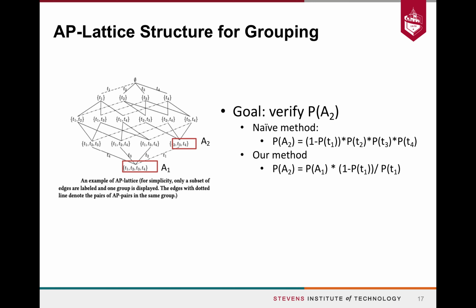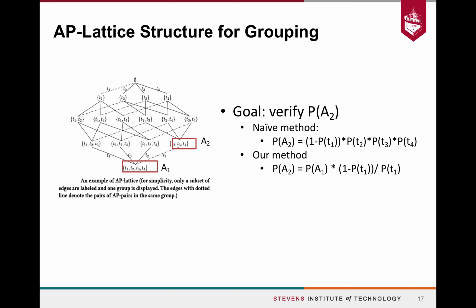So the answer pairs with the same edge label are going to be grouped into the same cluster. For example, here we have A1 as T1, T2, T3, T4, and A2 as T2, T3, T4. The difference is T1. So if we want to verify the probability of A2, the naive way is to recalculate it from scratch.